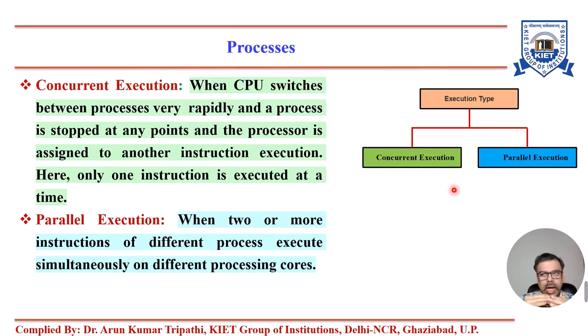So after a certain interval of time, the processor switches over from one process to another. Such shifting of execution from one process to another is known as concurrent execution. In parallel execution, the computer has a number of processors that execute tasks simultaneously. If each processor is assigned a task and executes independently, this is possible.